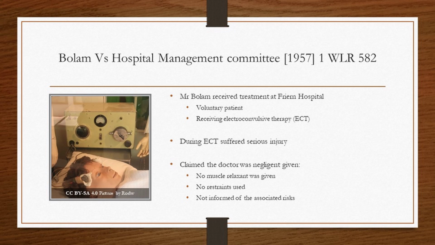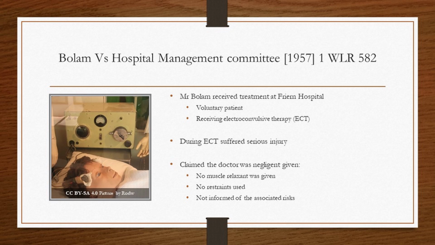The test is based upon the case of Mr. Bolam, who was a voluntary psychiatric patient at Friern Hospital back in the 1950s. Mr. Bolam suffered from recurrent depression, which was treated with electroconvulsive therapy.